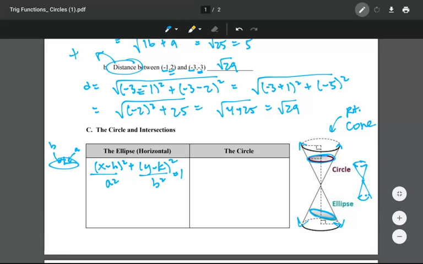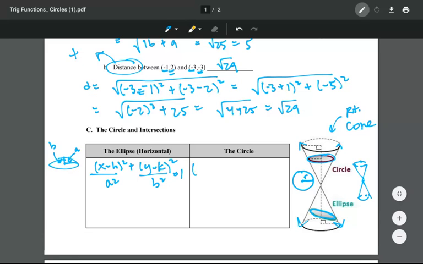On the circle though, everything's symmetric. I don't have a different value that gets me from the center in the x direction and the y direction. They're just all the same, and they happen to be my radius r. So the equation for the circle actually looks really similar, but it's going to have an r squared in it instead of the a and the b.